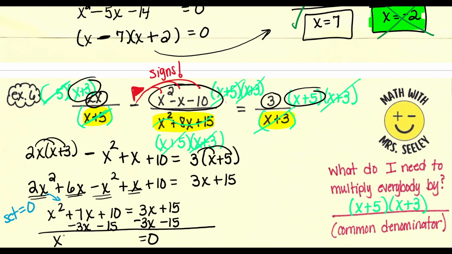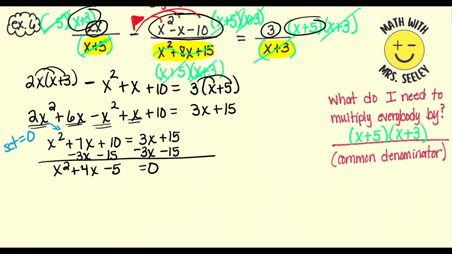That gives me x squared plus 4x minus 5. And I want to factor that. So it is a trinomial. So I think what multiplies to get x squared, which is x and x, what multiplies to get 5, which is 5 and 1, but it adds to get 4.